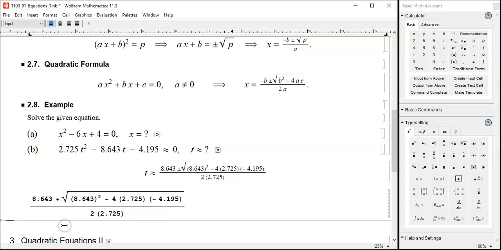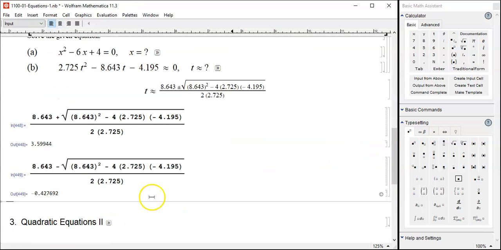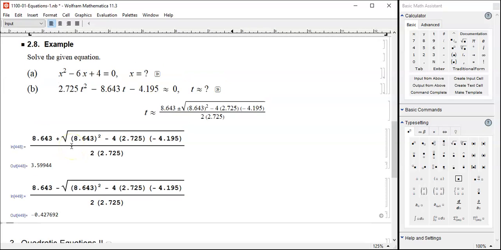This is for the plus solution, and this is for the minus solution. And I'll ask Mathematica to calculate both. So one approximate solution is about 3.59944 something. And the second solution is negative 0.427 something.